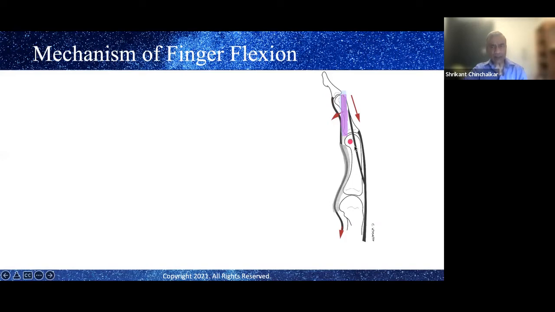When the finger is fully extended, your lateral band is dorsal to the anatomical axis of rotation at the PIP joint. At the metacarpophalangeal joint, the extensor tendon is sitting right over the metacarpal head, and you have a sagittal band. So you can see that everything is optimally taut when fingers are in full extension.